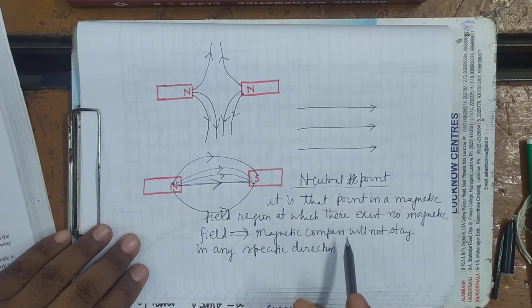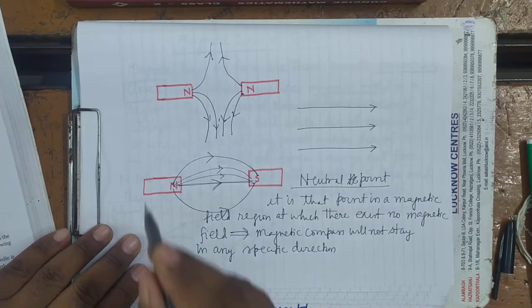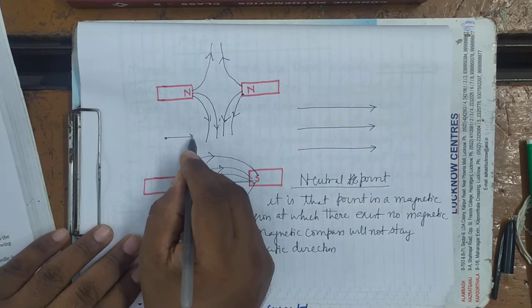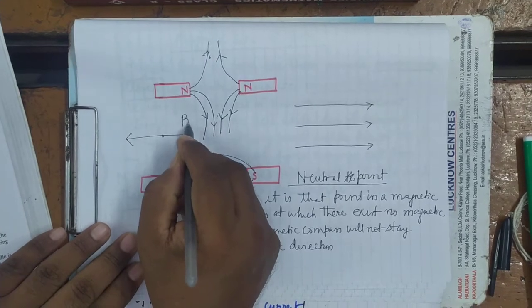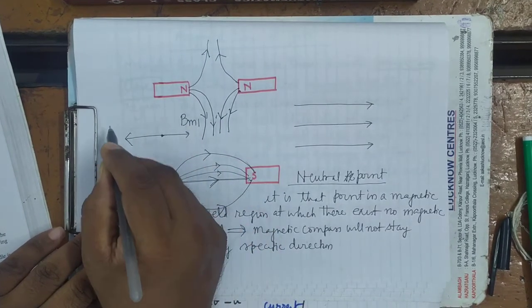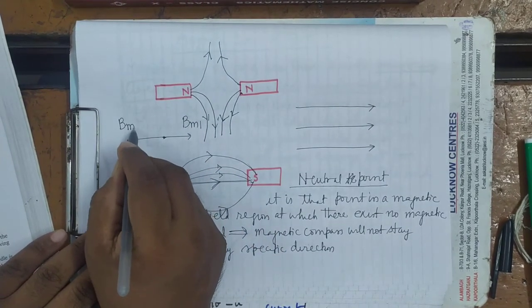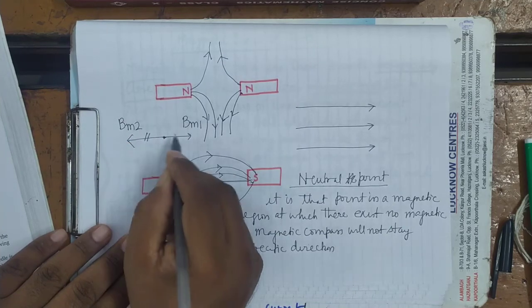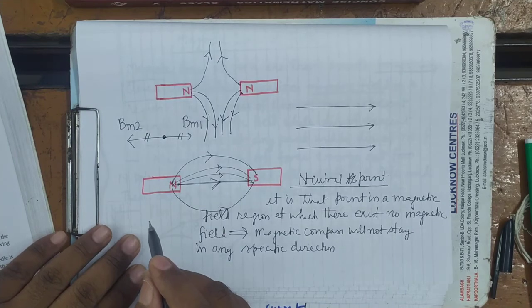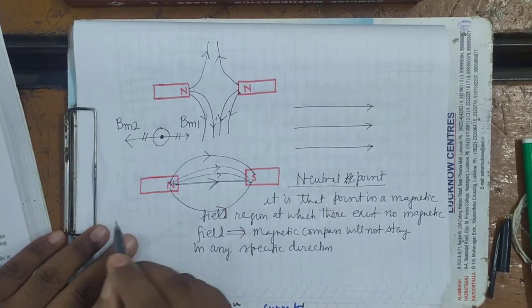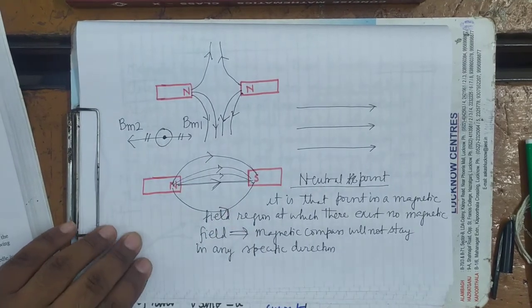Because at every point in that region, there will be a magnetic field due to only that one source. But if there are two sources, then one is producing a magnetic field in this direction, the other is producing a magnetic field in the opposite direction. This is the magnetic field due to one, this is the magnetic field due to two. So both are equal in magnitude. If both are equal in magnitude and opposite in direction, what will happen? The net magnetic field will become zero, and this point is called the neutral point.